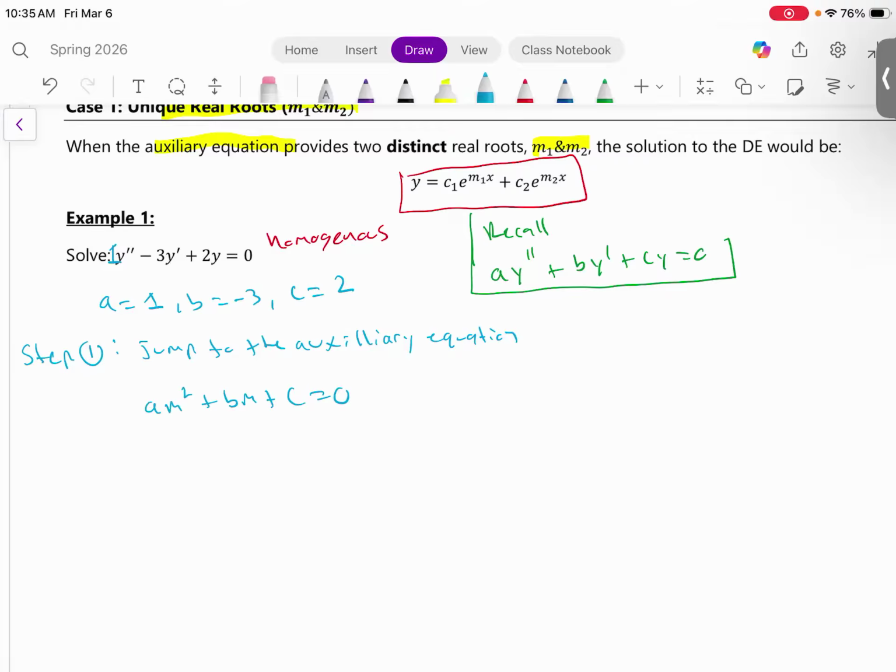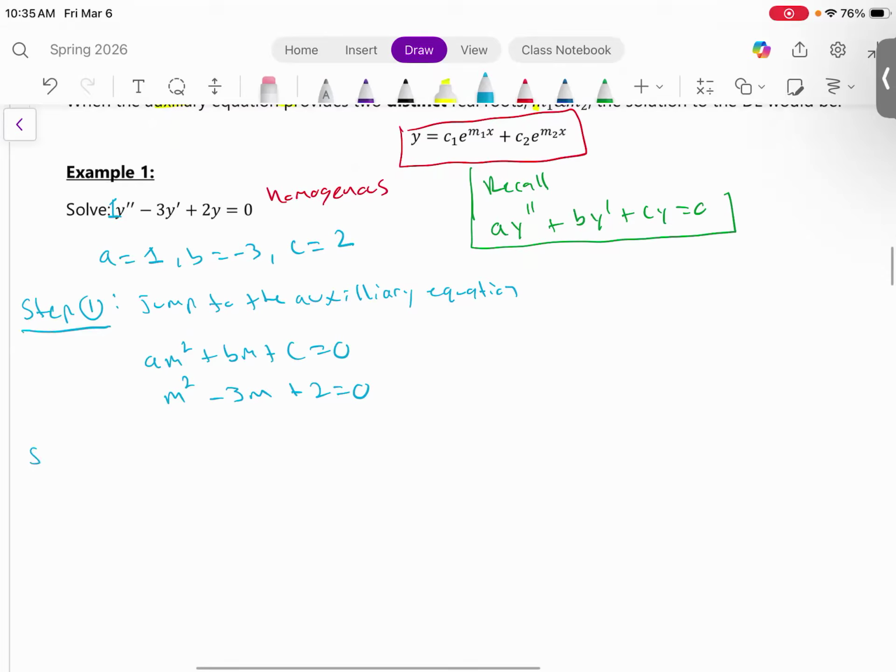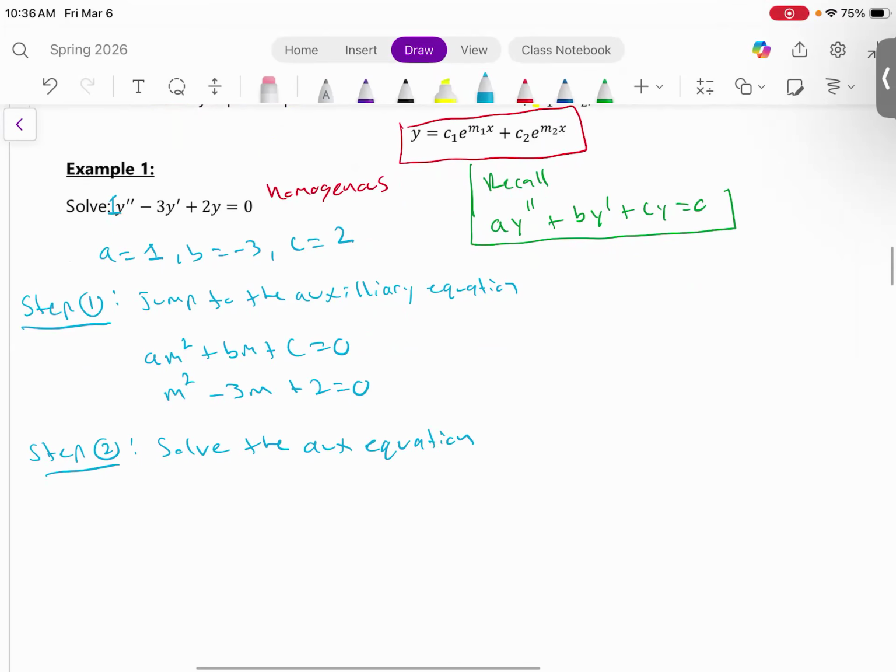And so let's plug in what we got. So this would be m squared minus 3m plus 2 equals 0. And step two would be solving the auxiliary equation. All right.